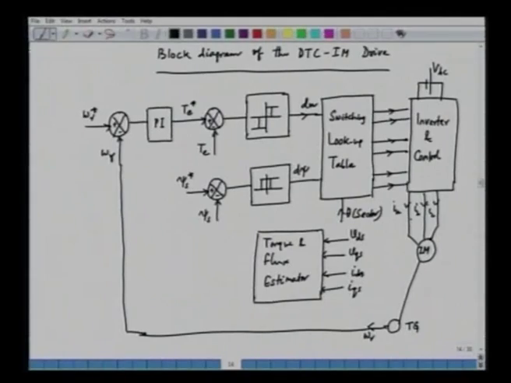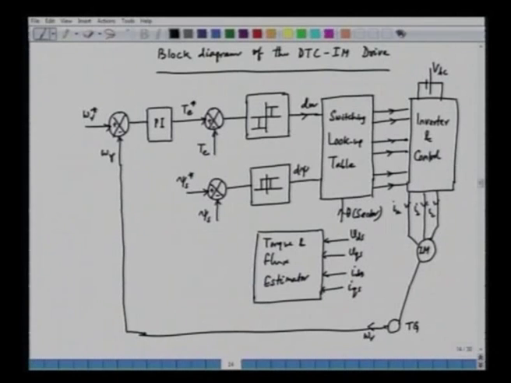And of course, what we need to do here is that we have to have some sensor to sense the currents and the voltages, because in this case we need VDS. How do you obtain VDS? Now, VDS is a stationary reference frame voltage that can be obtained from the output VA, VB, VC.